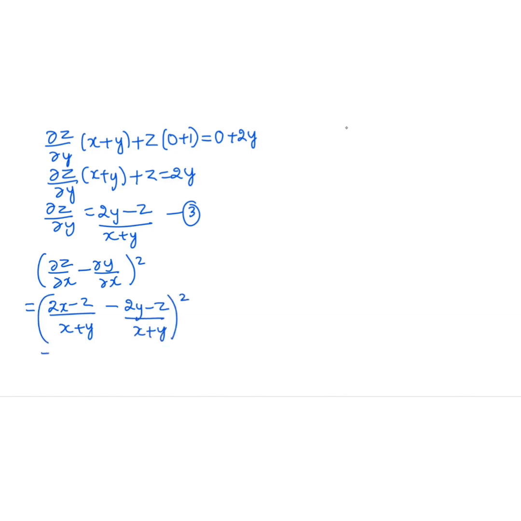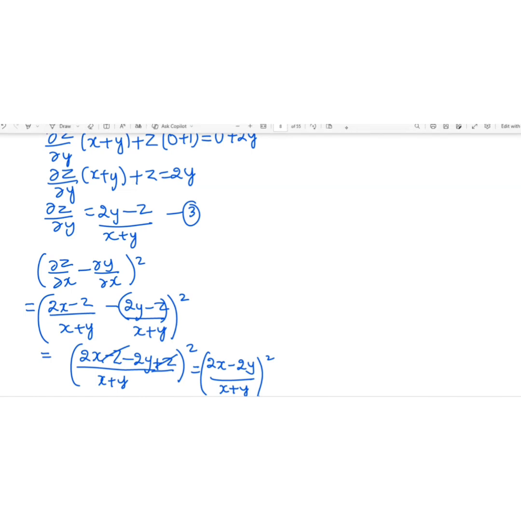Since the denominator is same, we can write the numerator as it is: 2x minus z minus 2y, minus into minus becomes plus z. So z and z get cancelled. You get 2x minus 2y divided by x plus y whole square.